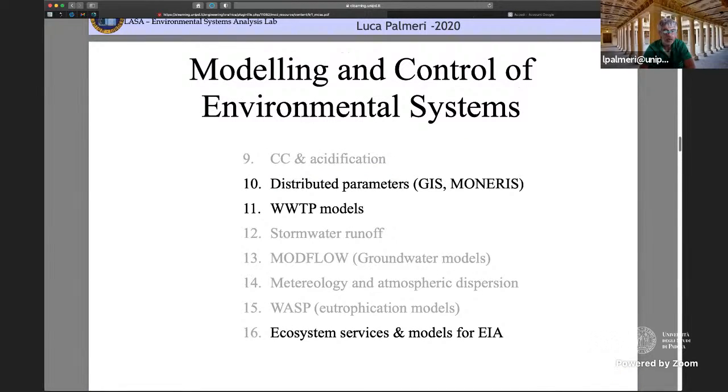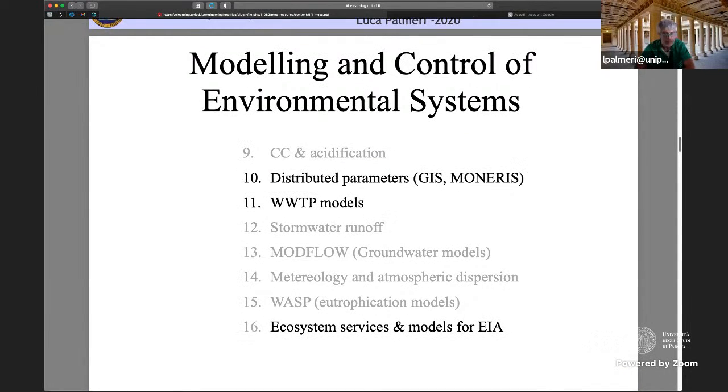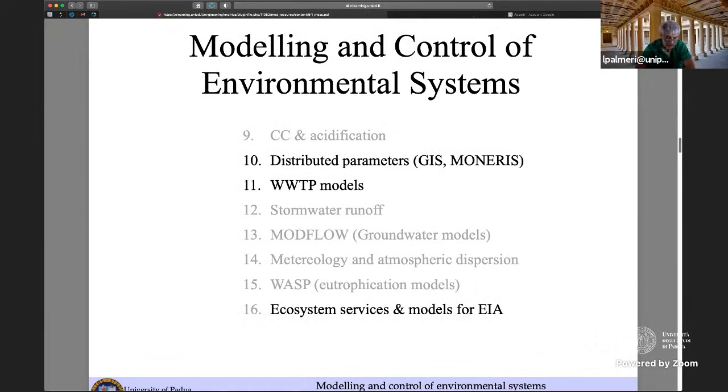So you see, we have started by saying that environmental systems are complex systems made up of several elements, for example, different animals or different plants or different processes or different climatic conditions or atmospheric or whatever.